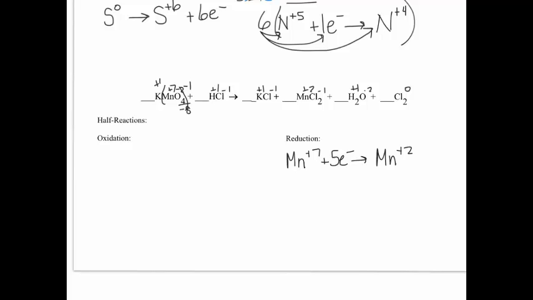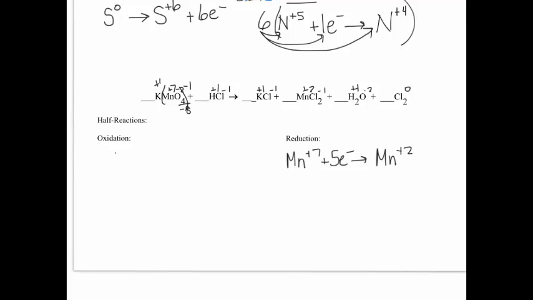And then chlorine, interestingly enough, you see a -1 here, -1 here, -1 here, but a 0 here. This is going to get really tricky because we have chlorine in so many different places in our reaction. This is going to be probably the most difficult one you're going to ever see.